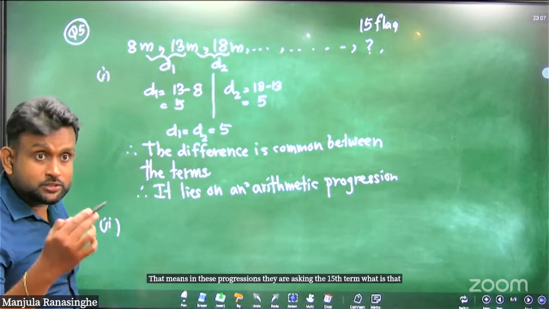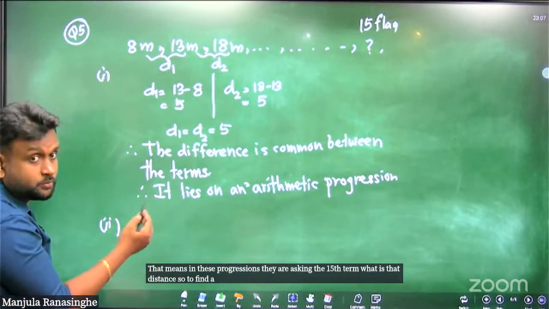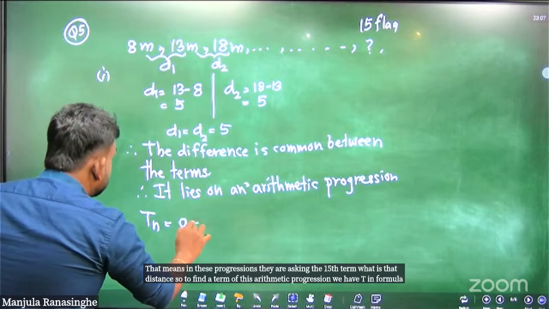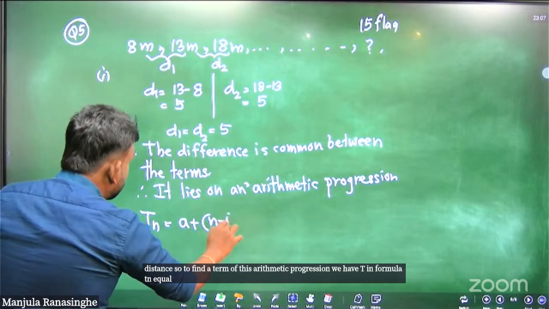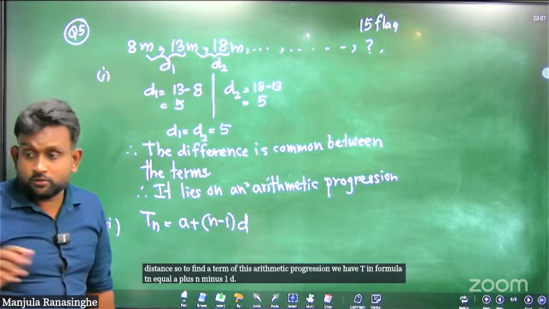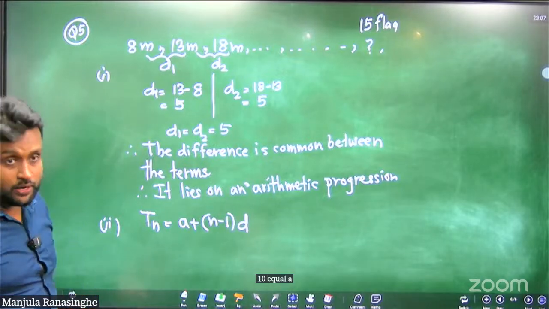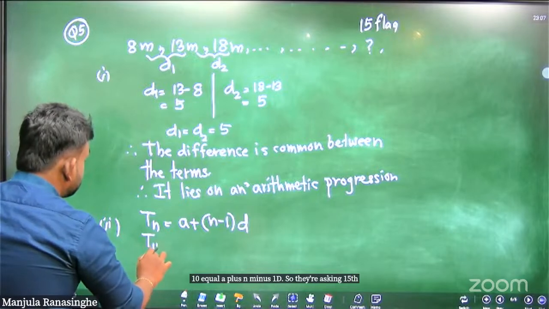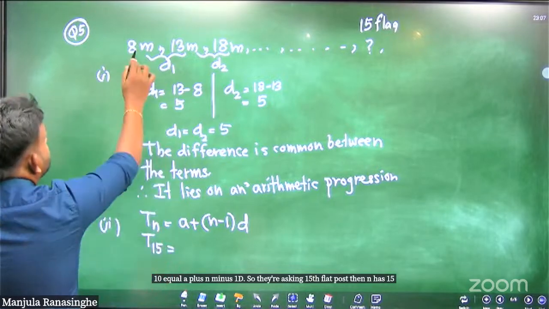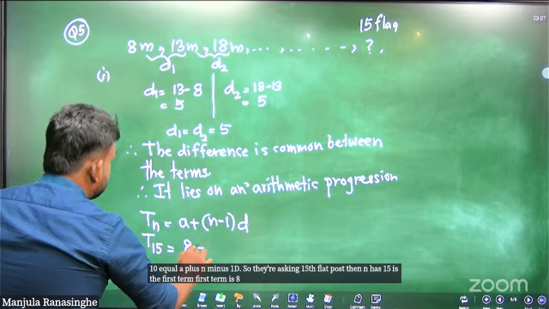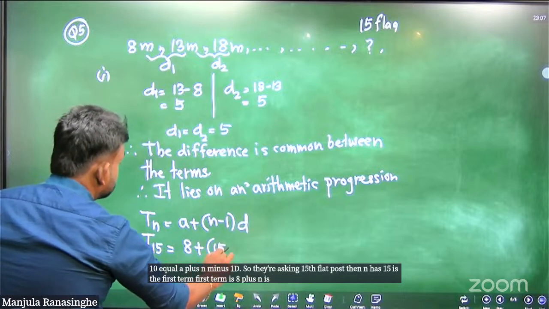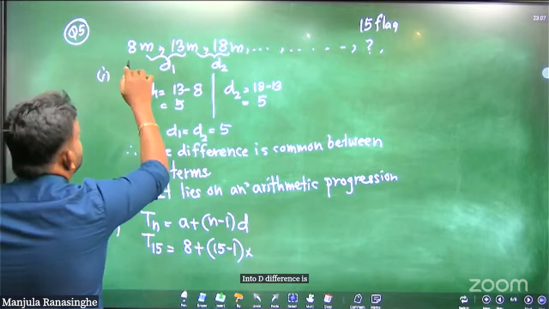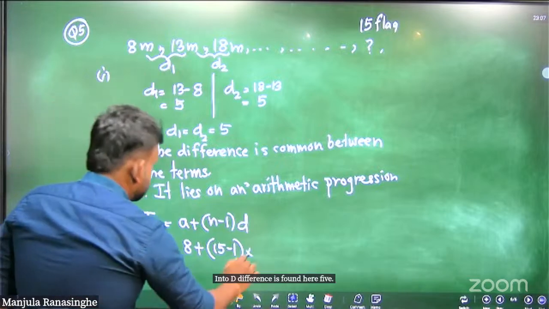To find a term of this arithmetic progression, we have the Tn formula: Tn equals a plus n minus 1 d. They're asking for the 15th flagpost, so n is 15, the first term is 8, plus 15 minus 1 into d, and the difference is 5.